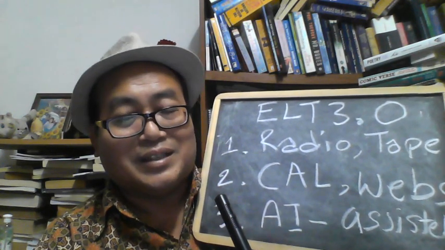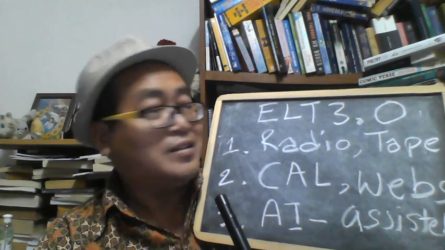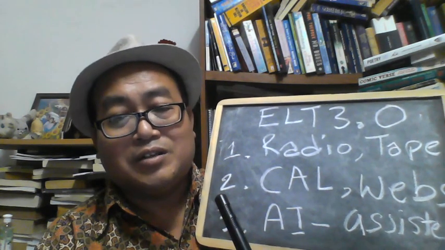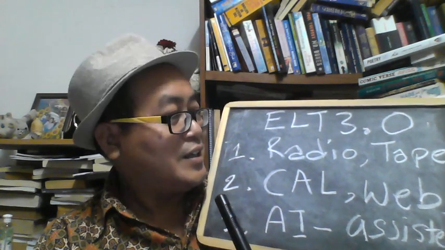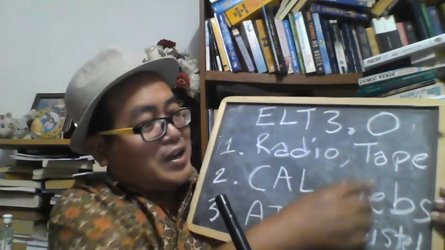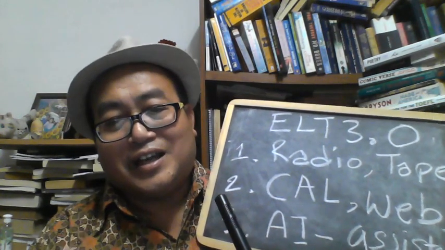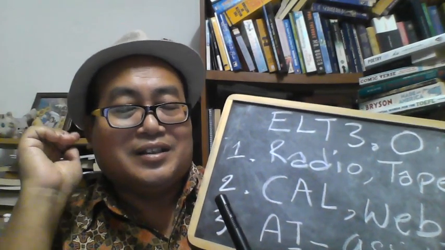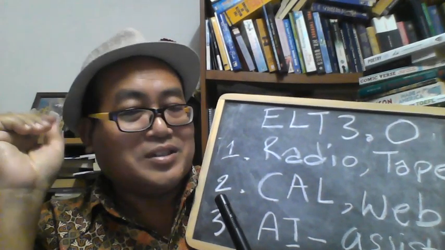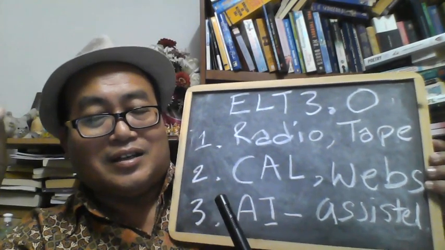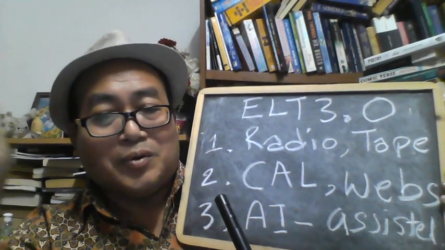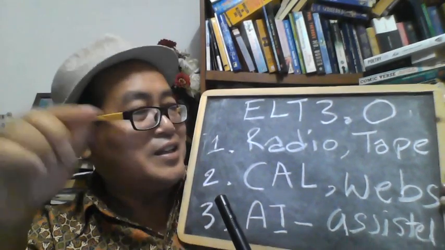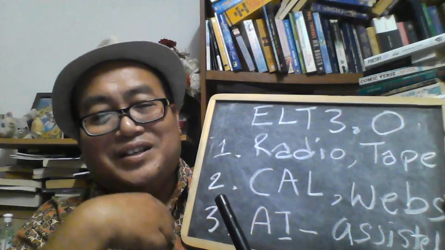It's not the best, but it's better than nothing, and reading books. There were not many books actually. And you will be lucky to have a cassette, a tape recorder, and then you just listen to the recorded contents in the cassette tape.